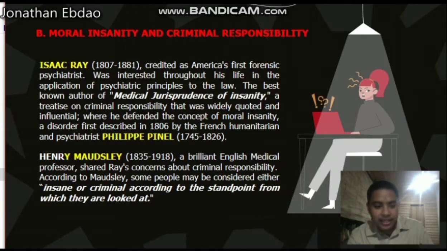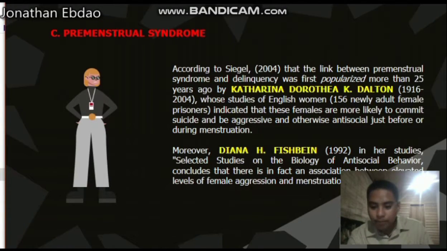The next one is the premenstrual syndrome. According to Siegel 2004, the link between premenstrual syndrome and delinquency was first popularized more than 25 years ago by Katerina Dorothea Dalton, whose study of 156 newly admitted English female prisoners indicated that these females are more likely to commit suicide and be aggressive and otherwise antisocial during their menstruation.